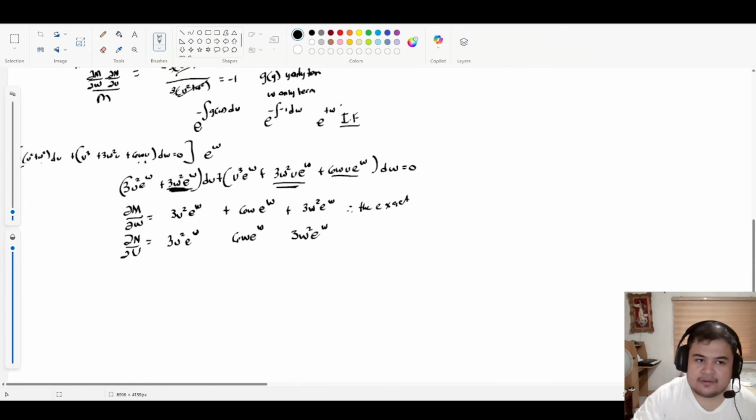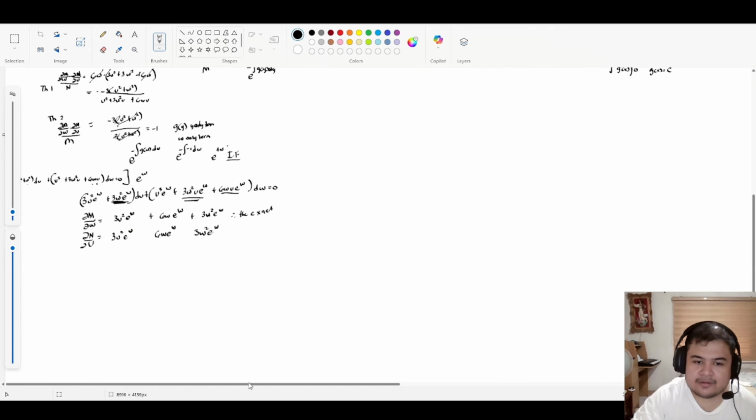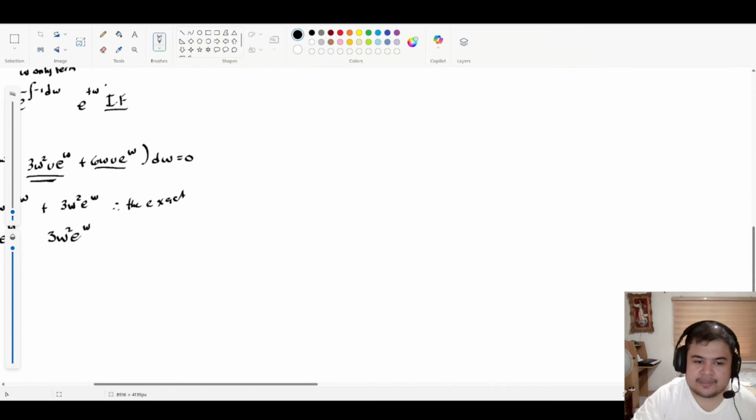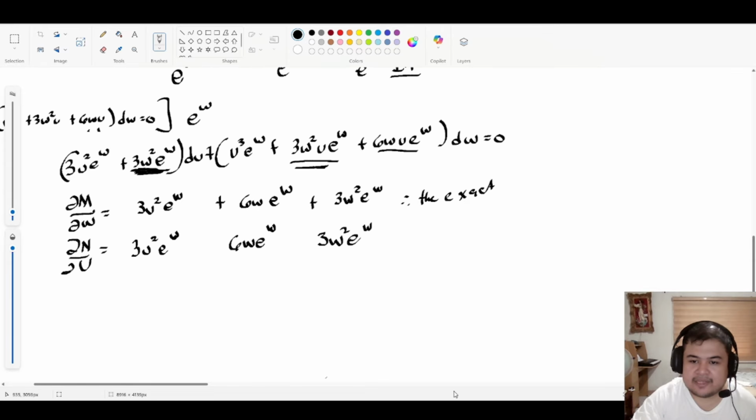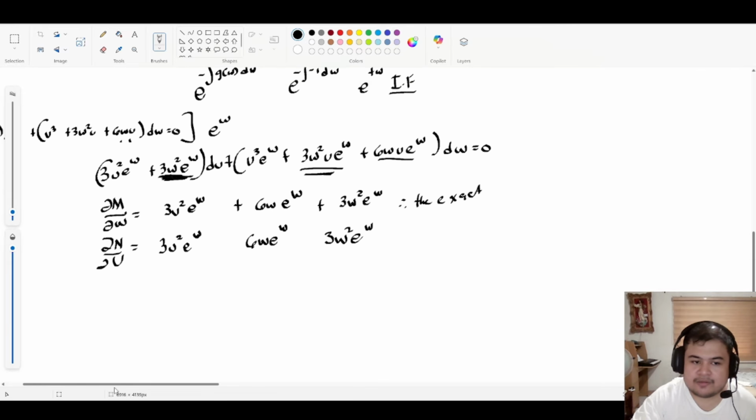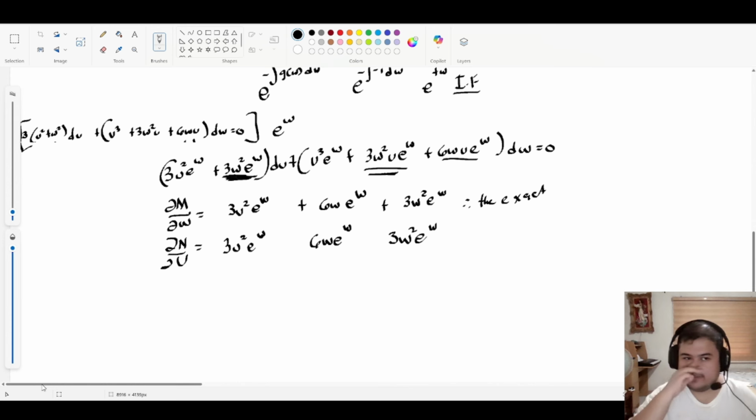So meaning, you can now use your exact method. I'm not gonna discuss the exact method anymore. What I'm going to do now is use the first theorem. Another tip for exact equations, especially this case, is I'm gonna use the first theorem because the first theorem integrates your left side.